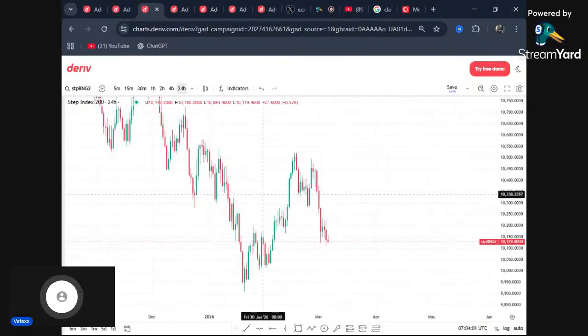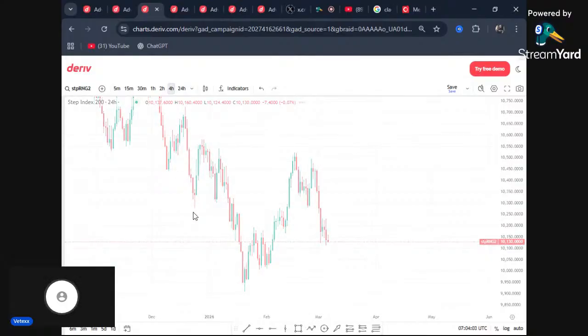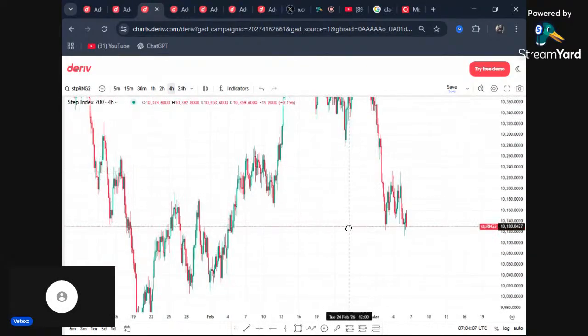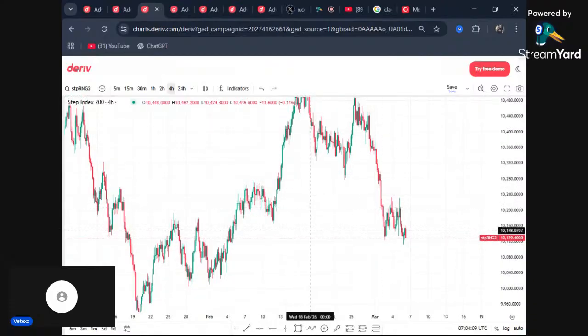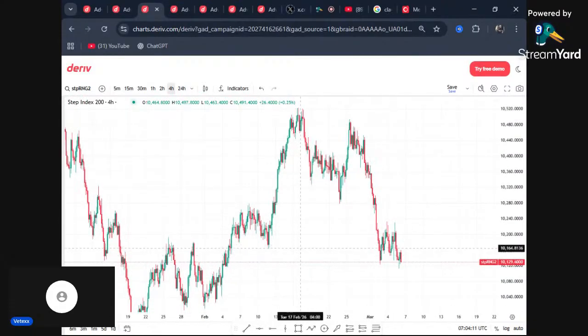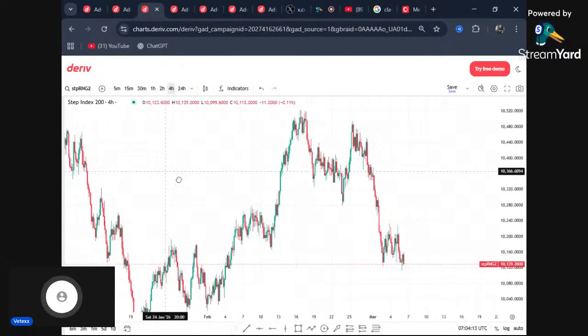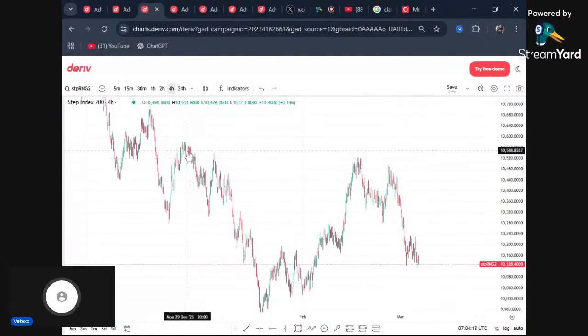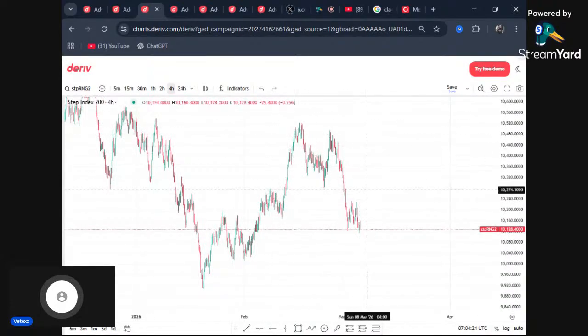So we don't really have any continuation right now on step 200. Currently we don't have a trend on step 200, unless this sell from this zone that it has been respecting, but we didn't follow the trend from this point, so we really missed out on a big sell on step 200, but it's all part of the game.